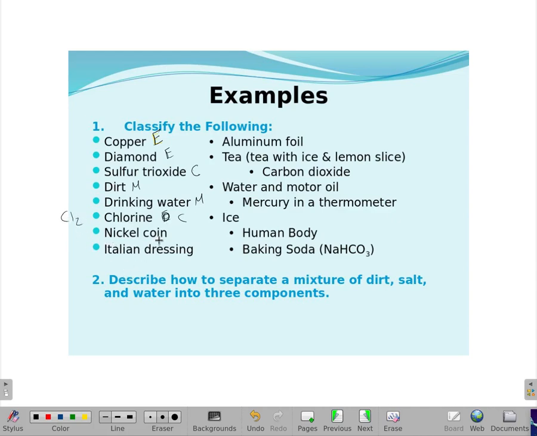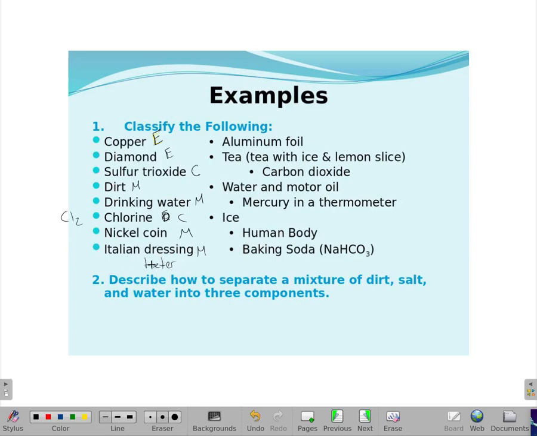A nickel coin. Turns out these are now mixtures. The outer part is mostly pure nickel, but the inside will probably likely be zinc or some other cheaper metal. It turns out nickel itself is kind of expensive. Italian dressing. If you're not aware, most Italian dressings are actually mixtures, and they are heterogeneous mixtures.